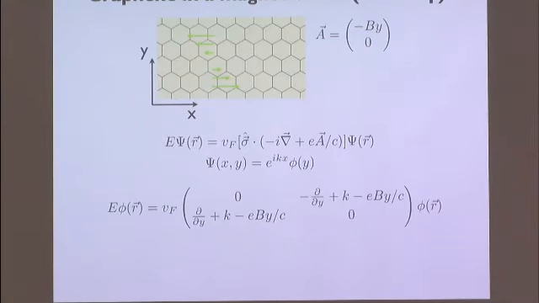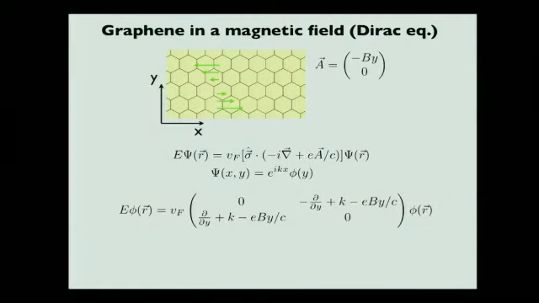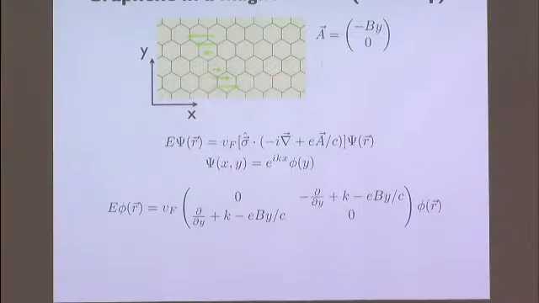Okay. Now then, instead of taking this tight binding approach, which was what they did for calculating these numerical energy dispersion relations, let's just pick the Dirac equation. So again, here's my infinitely extended graphene sheet, X and Y. And in order to describe a magnetic field, in my Dirac equation, I first have to understand how I couple my electrons to the electromagnetic field, but that is well known.